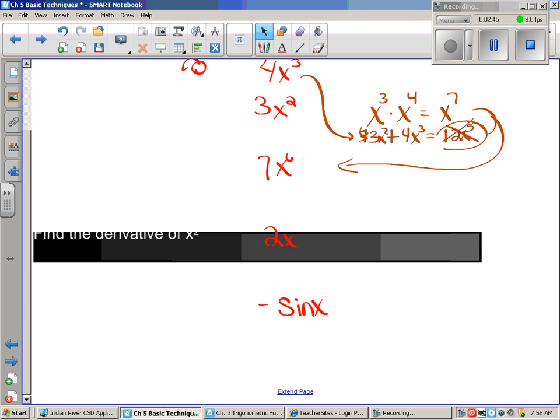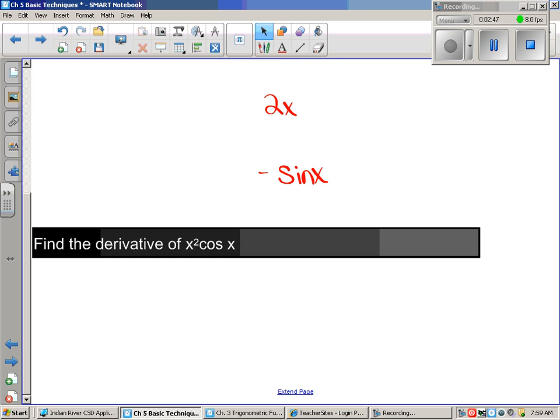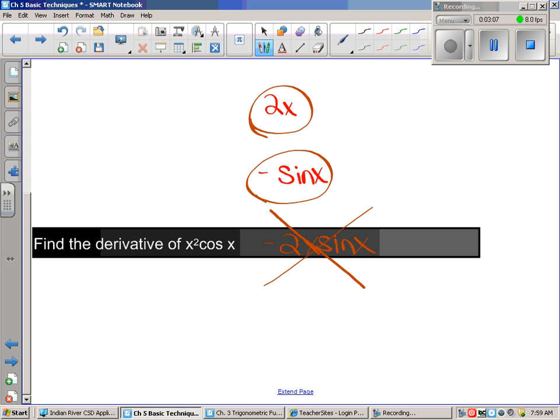So as we look at this last example here, find the derivative of x squared cosine x. If you remember, this example here was x squared, and this was the derivative of cosine. So using that same idea, our gut is that the derivative of this would be negative 2x sine x, and it is not correct.